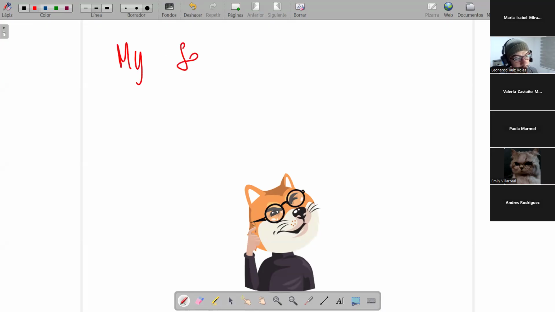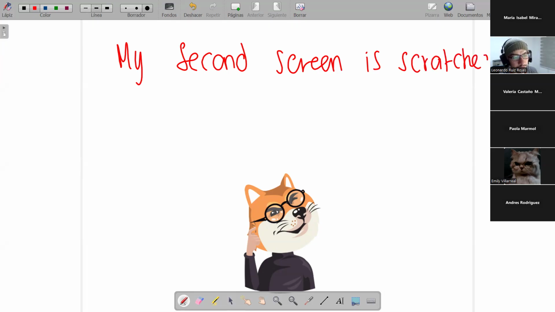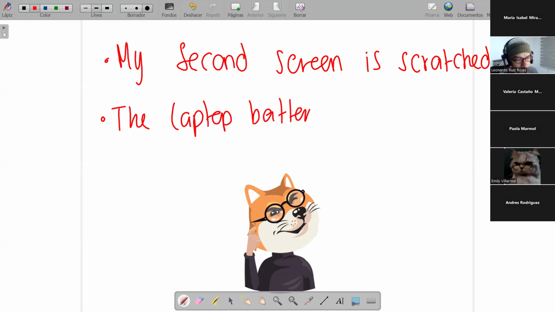My second screen, I mean, I have two screens on the computer, the laptop screen and the other screen, no? So my second monitor is scratched a little bit, right? And the laptop battery, in my case, keeps dying.